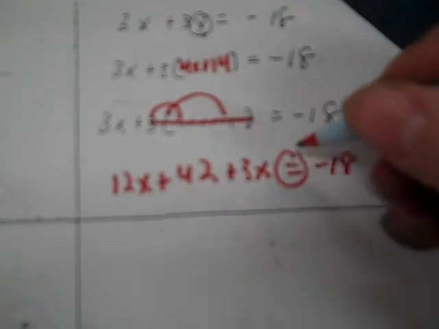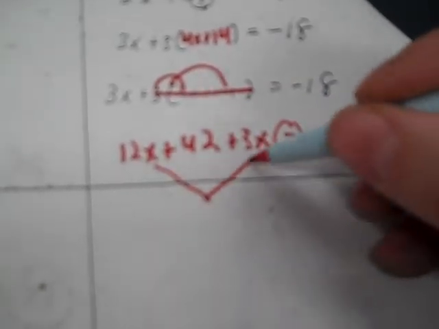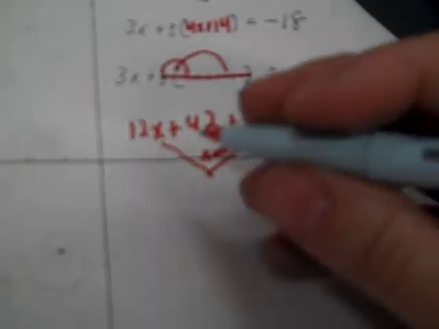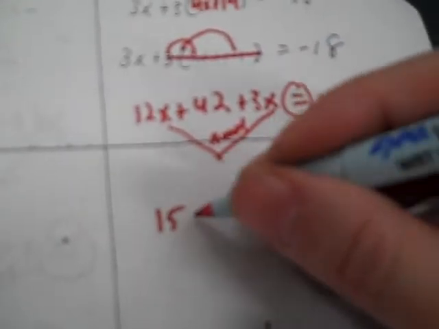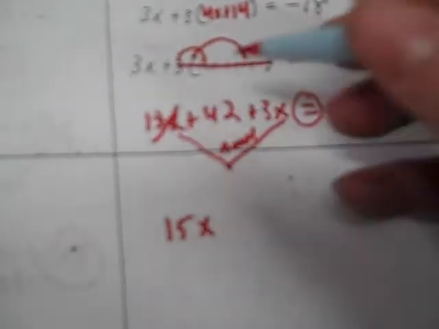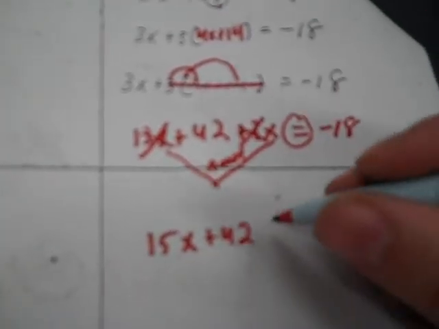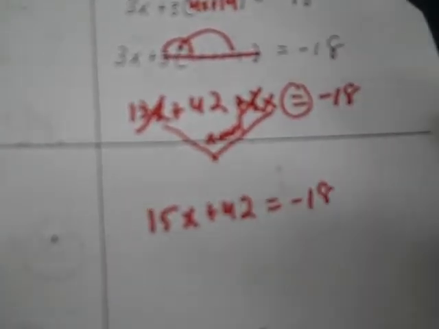Okay, here's my equals, and the x's are on the same side, so let's connect them and add. So 12 plus 3 is 15 with x. And before I have equals, I have a 42 added to 15x, and then equals negative 18.